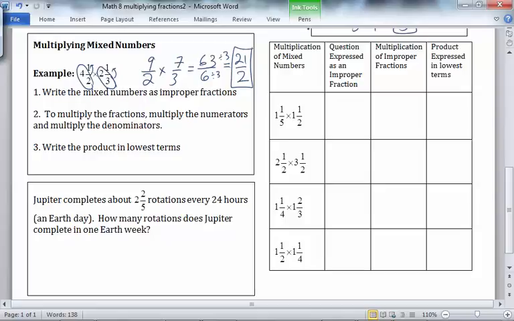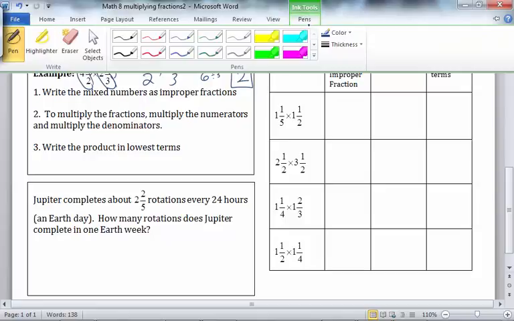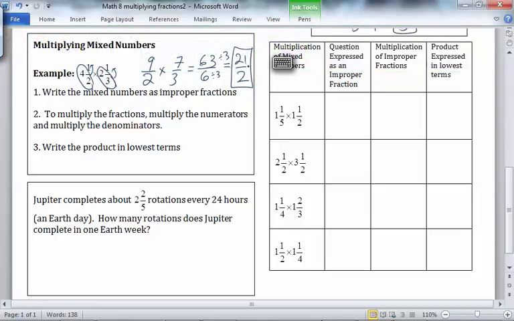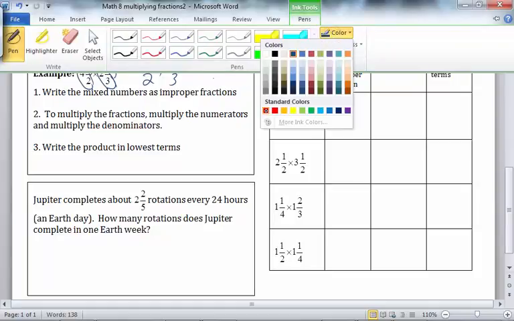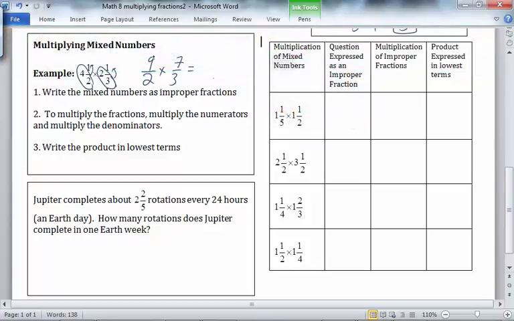I want to show you a little trick at this step too for simplifying your fractions. You can simplify your answer by putting it in lowest terms, or you can do the simplification in your question. You're going to do it crisscross. So I'm looking at this 9 and this 3. I know 3 goes into itself once and goes into 9 3 times.